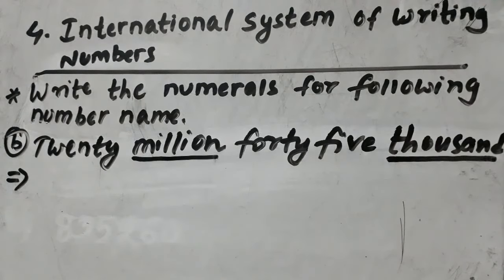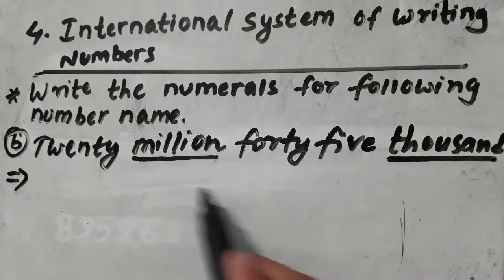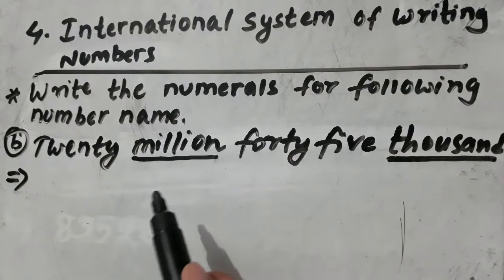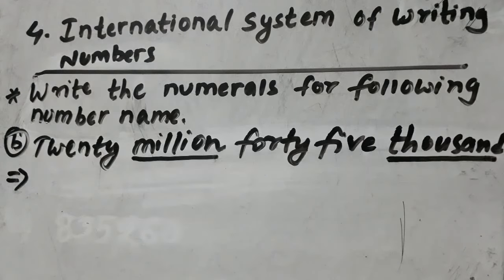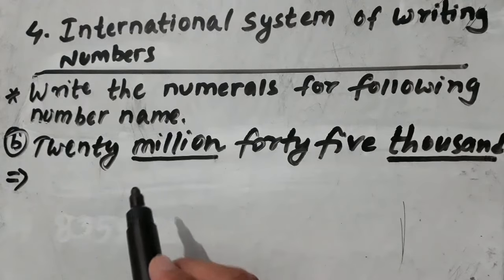We should always consider the periods such as ones, thousand and million. Here I have underlined the period thousand and the million. It will be easy for us to write. So now students, we should see.